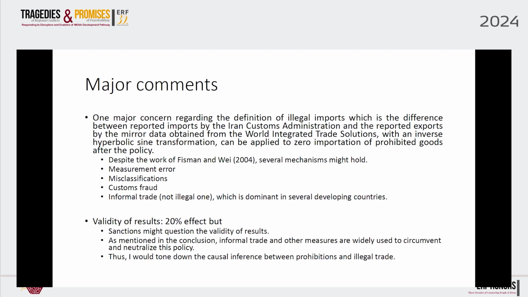So I think in general, given all the drawbacks, first on how to define illegal imports, and second, that we have different channels through which we can explain those effects, the 20% effect has to be toned down a bit because it suffers from different validity measures.